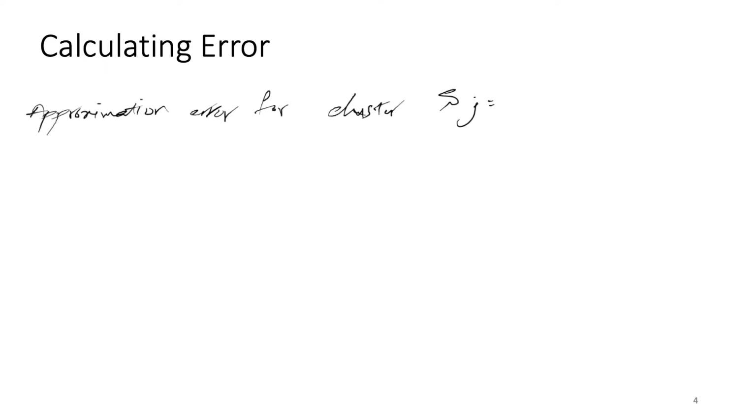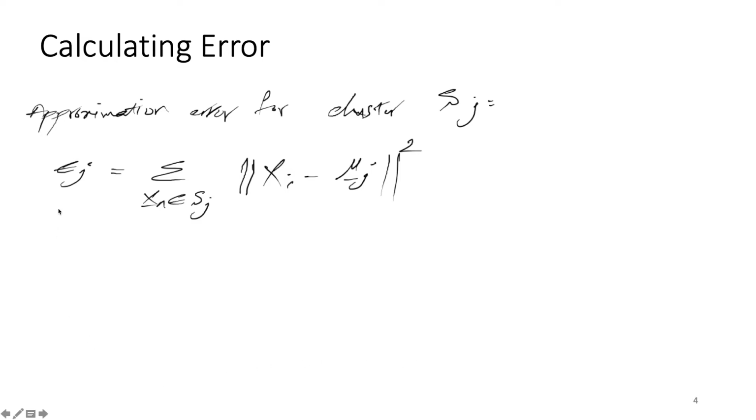In order to approximate the error for cluster Sj, we sum, over all the data in the cluster, the norm of each Xi minus its centroid, the cluster center. We call this the approximation error EJ.